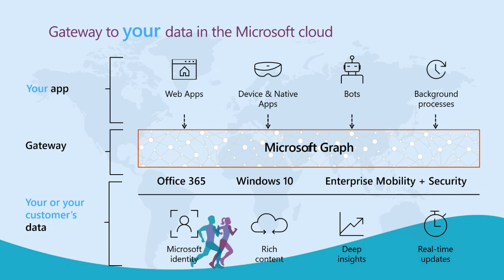Microsoft also put something like Yammer into it. So basically every app in the backend from Microsoft can be addressed, requested, and interacted with via Graph. You can use it for web apps, bots, and background processes, which are very important for all your IT stuff in the backend.